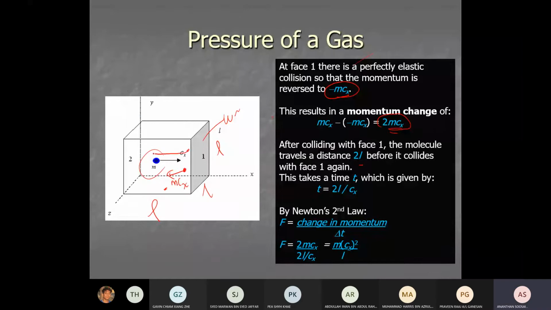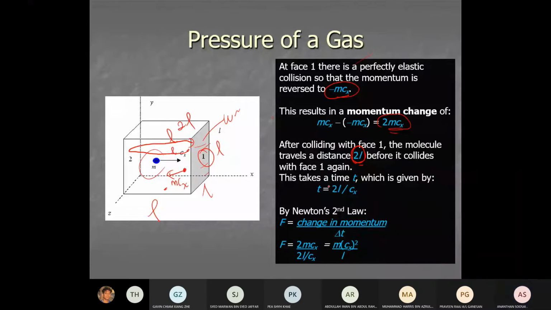Because the particle must move to the left and bounce back again to the right. So you have to travel 2L to collide back on the first surface. We just want to find the pressure on the first surface only. You have to travel 2L before it collides with phase 1 again.